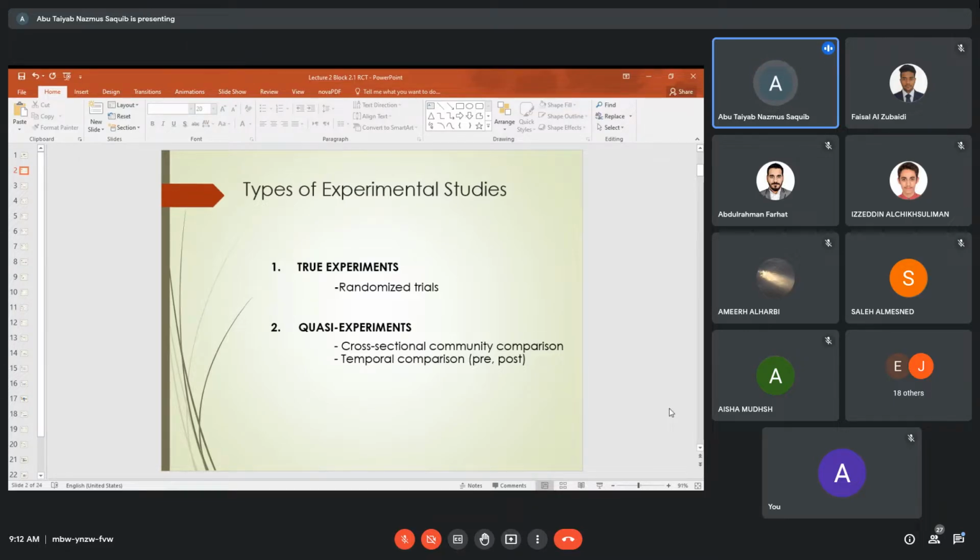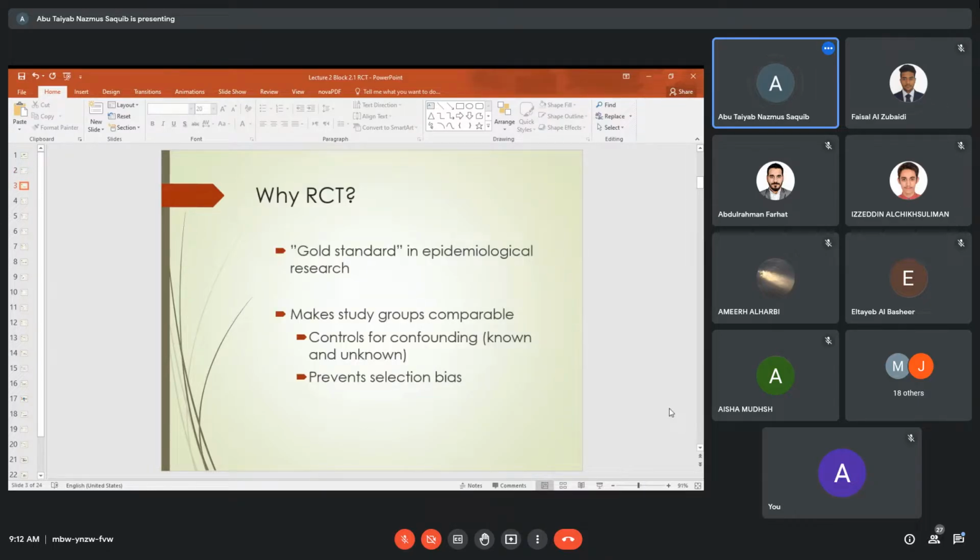A randomized trial must have a control group and there must be randomization. If these two conditions are fulfilled, you can call it a true experiment, a randomized trial. Now, the randomized controlled trial, I told you, is the best design available.